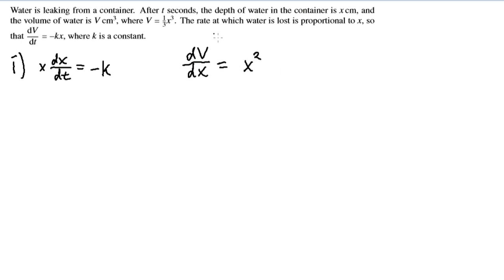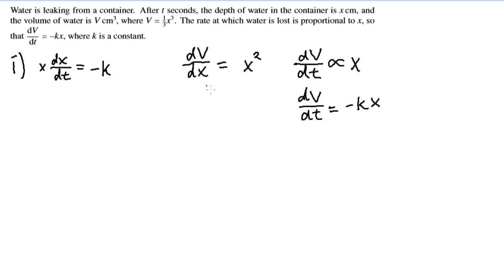And the rate at which water is lost is proportional to x, and the rate of water loss means the rate of volume, which is dv by dt, which is proportional to x. Well, actually it's given on this side as well, so dv by dt is equal to minus kx.